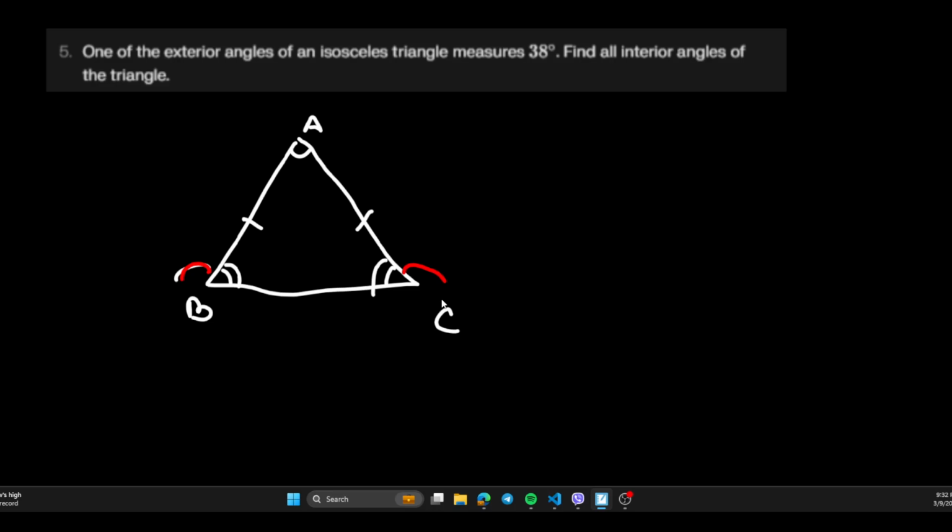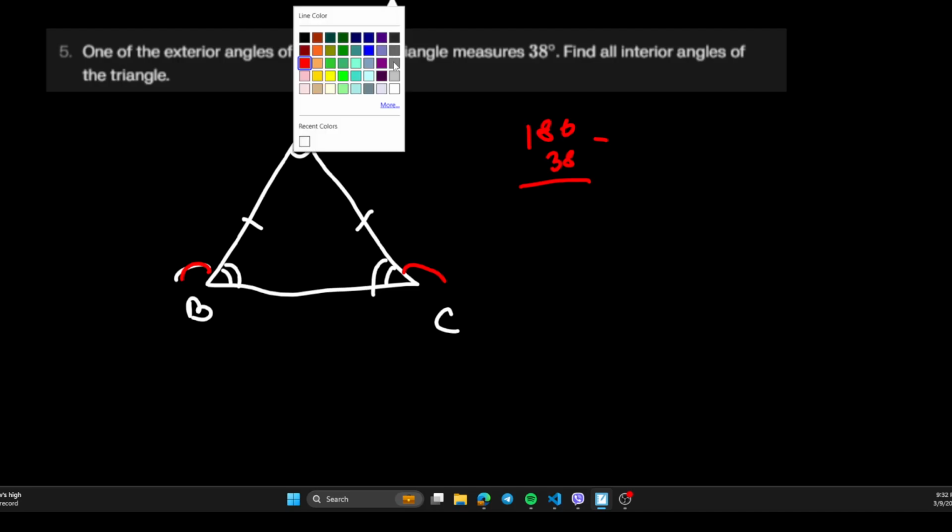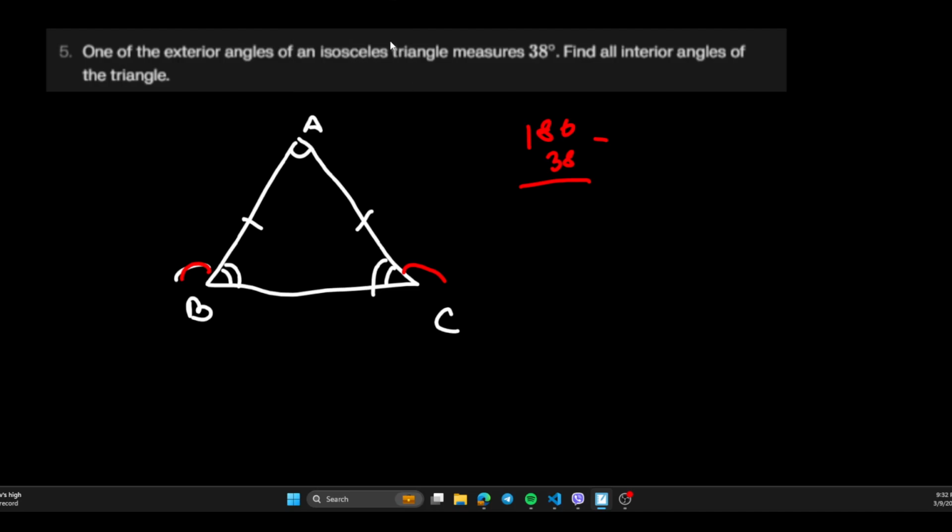So if the one outside is 38, then the one inside is 180 minus 38, which gives us 142.